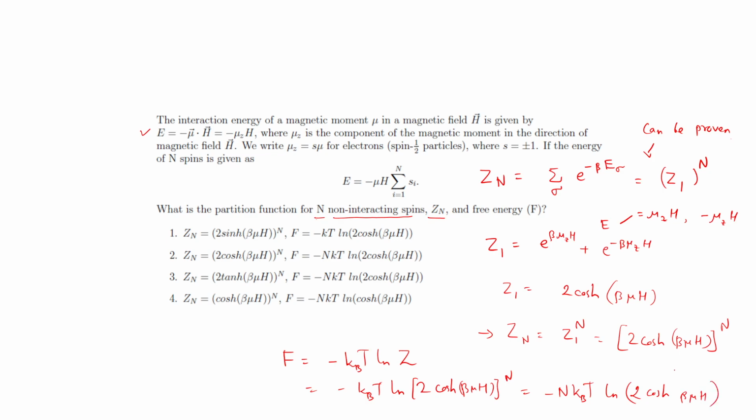Another thing you notice is that for a single particle it is just kBT ln 2 cosh, okay, this was for a single particle up to this much.